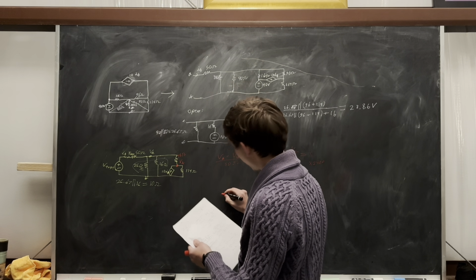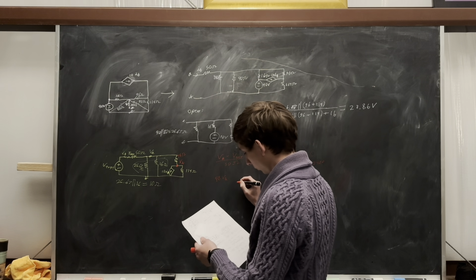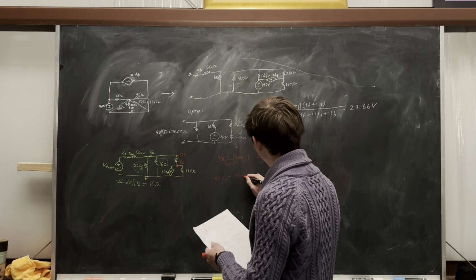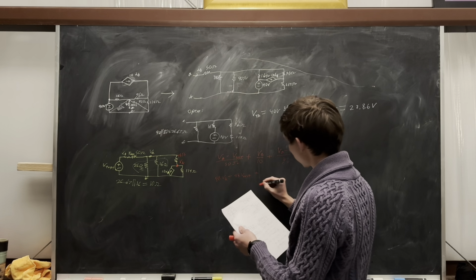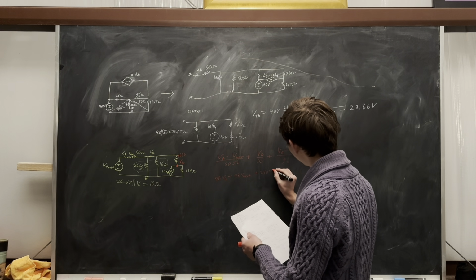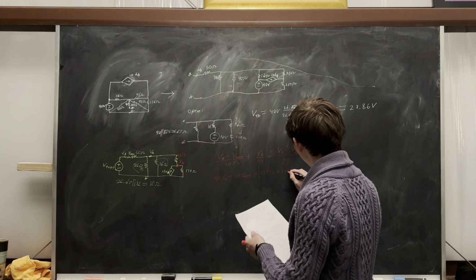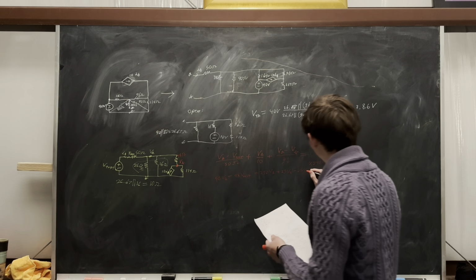When you multiply that out, you get 48 VA minus 48 V test plus 240 VA plus 25 VA minus 25 VB.